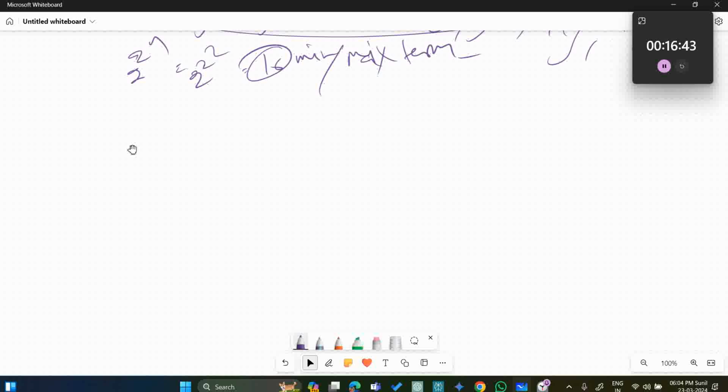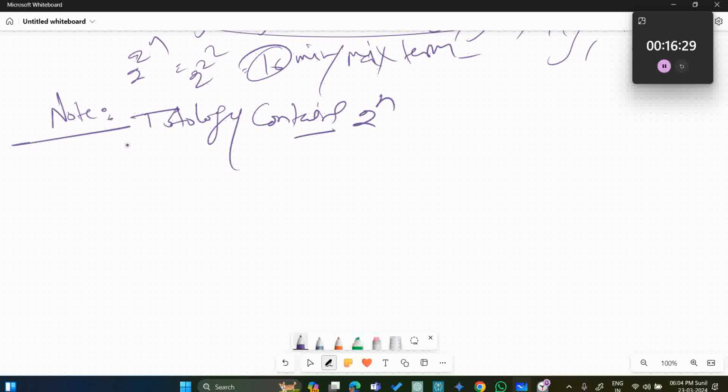And one note also here is, tautology contains 2 to the power n min terms for all n number of proposition variables.